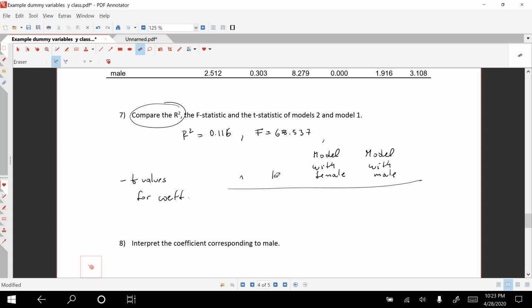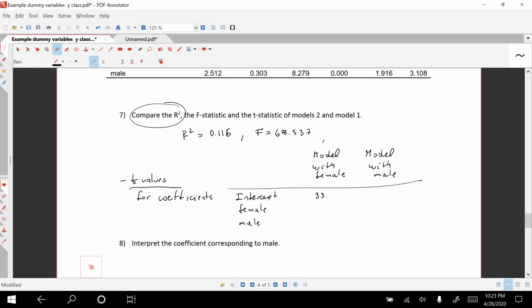Of course, in both cases we're going to have an intercept. In the model with female we have female, and in the model with male we have male. Notice that what I'm trying to do is write the t-values for the coefficients.